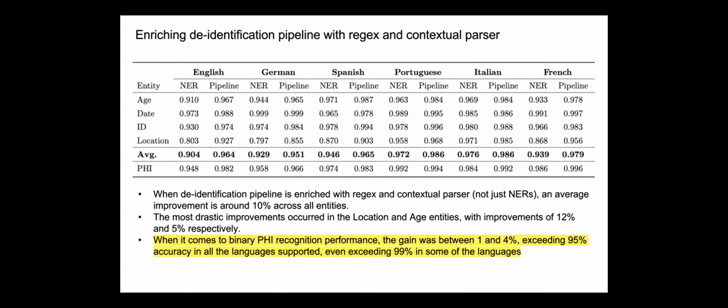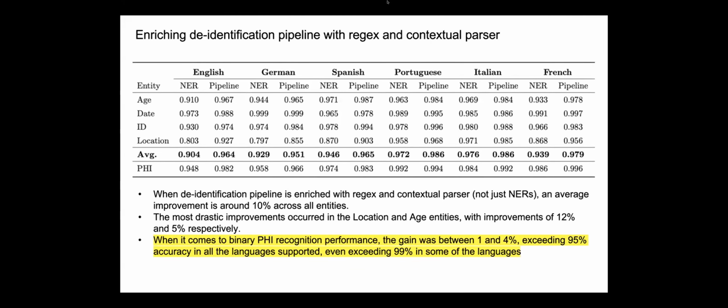Contextual parser is the hybrid NER model, we can say. It is not using any trained model, but it is using augmented regex. So it's like a regex on steroids, we can say, so that you can specify different rules and patterns, so that it can detect additional entities that machine learning based models would miss.